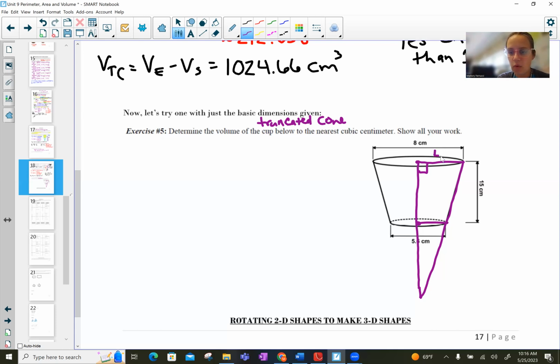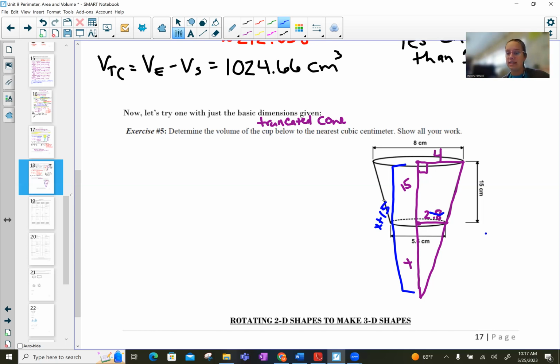This one is 4 because it's half of 8. This one's 2.8 because it's half of 5.6. We also have this part is 15, but we don't know this bottom part. So this whole thing right now is just X plus 15.